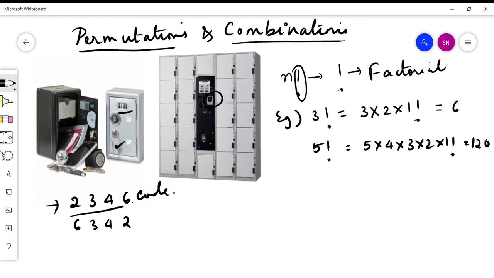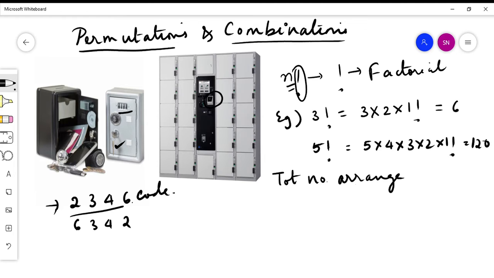To find out the total number of arrangements, factorial notation is used. I hope everybody is clear with the basic definition of permutation.